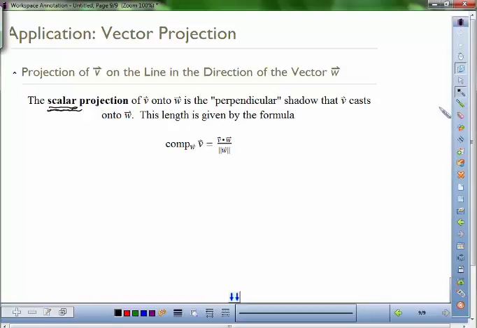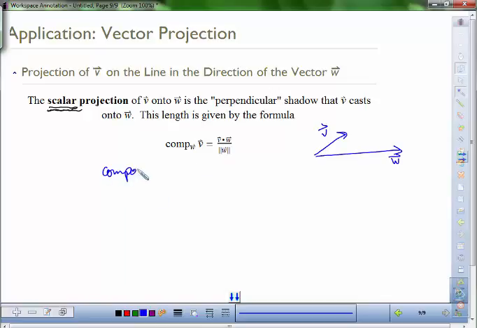And the picture that goes here is a component projection of V onto W. So the W is a subscript of a component, and that means that's what you're going to project this on.